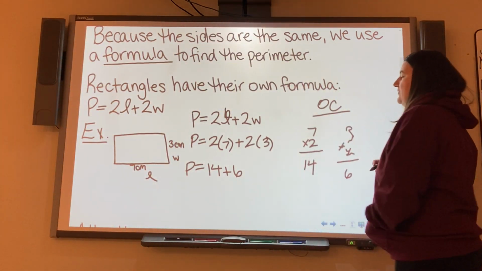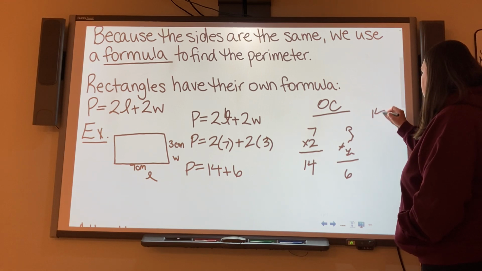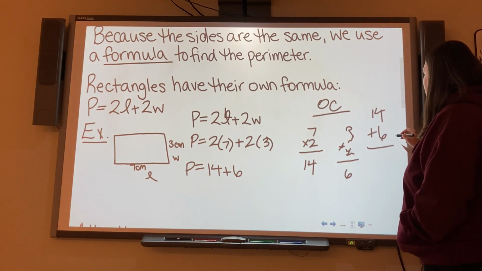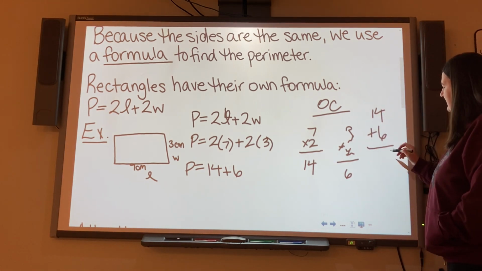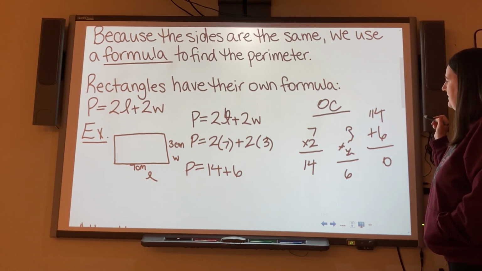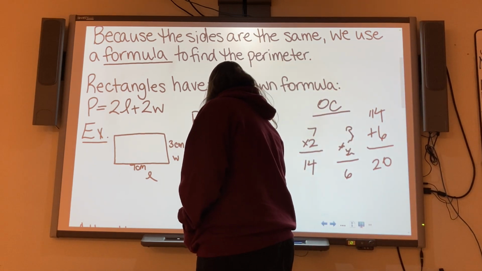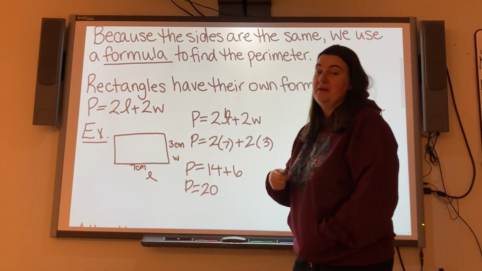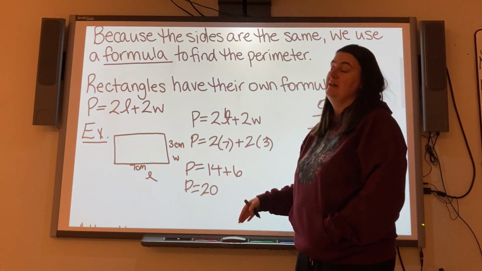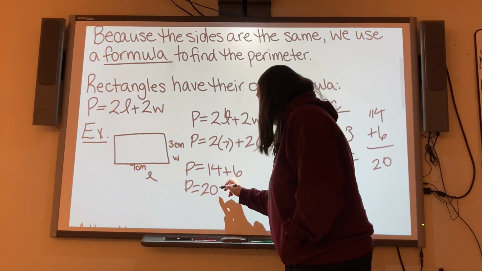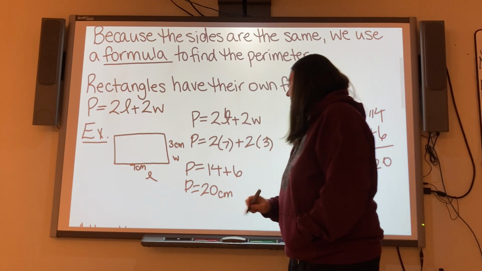So in this case, 14 plus 6: 4 plus 6 is 10, carry your 1, 1 plus 1 is 2. So the perimeter is 20, and don't forget to put your unit of measurement on the last line. It's 20 what? 20 centimeters.